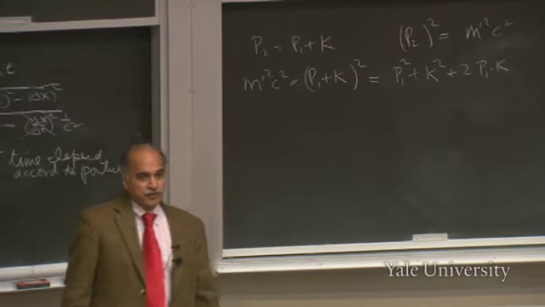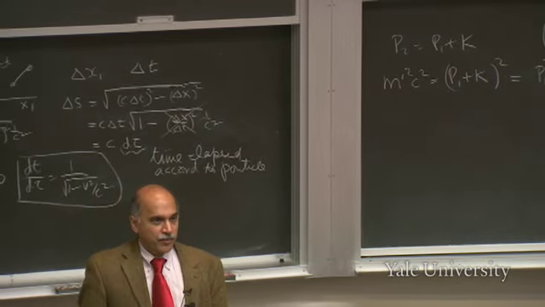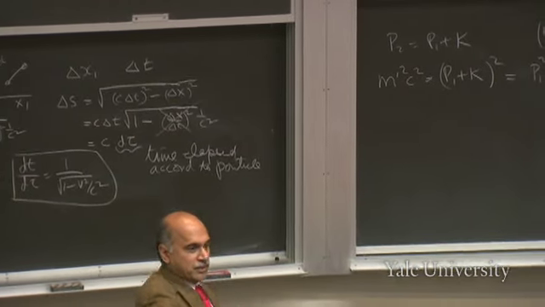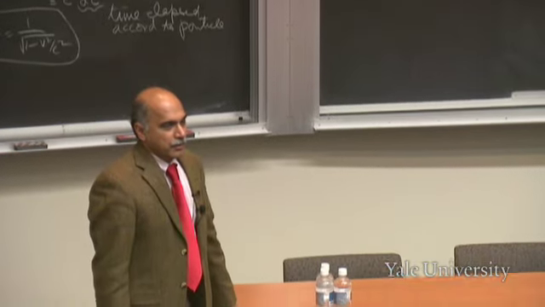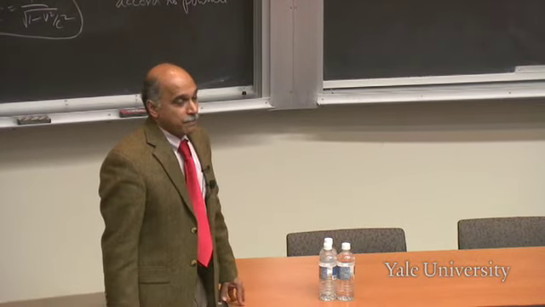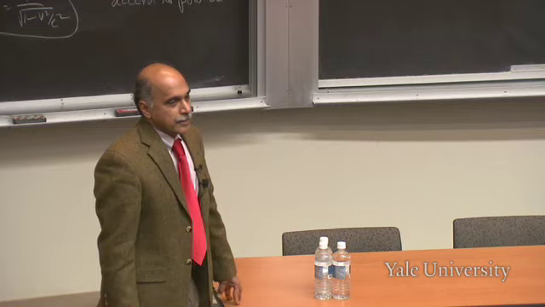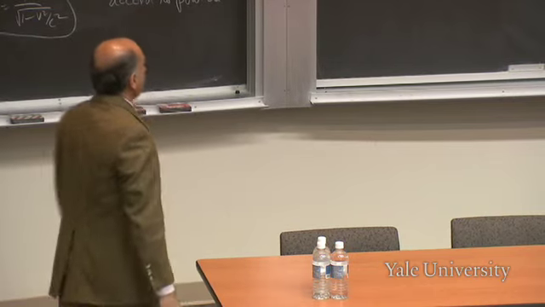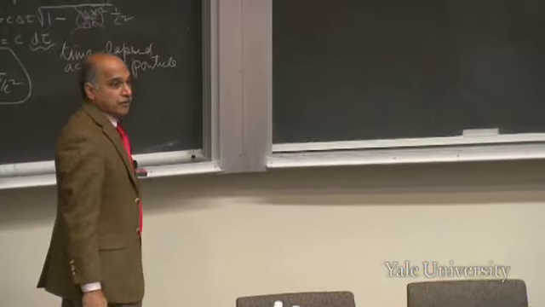Okay, now let's see if I can do what we do next. Would you like to guess? Do you know any of these quantities? Do we know anything about the three terms I've written here?